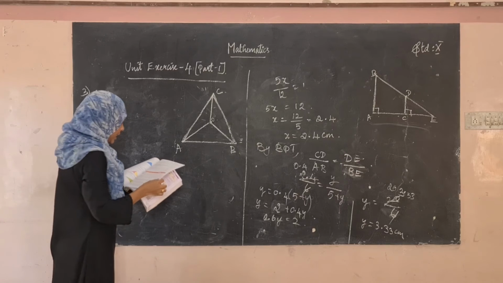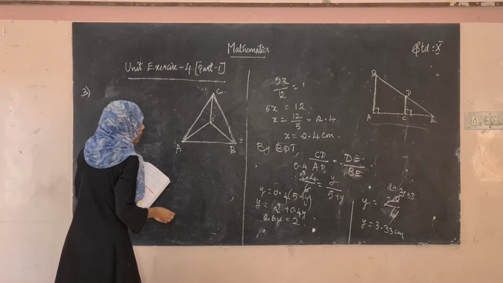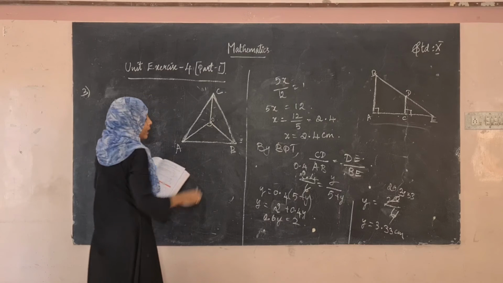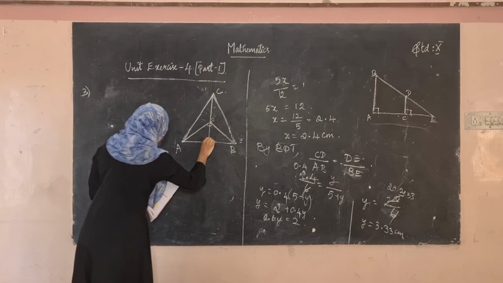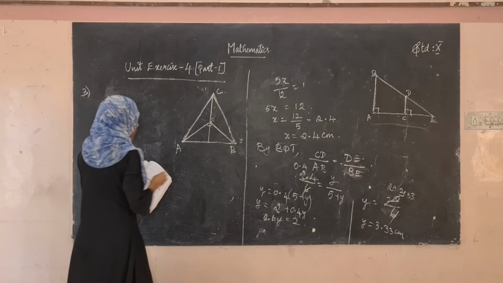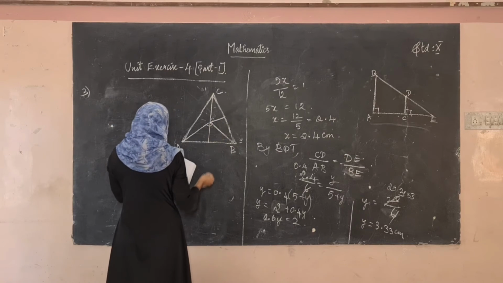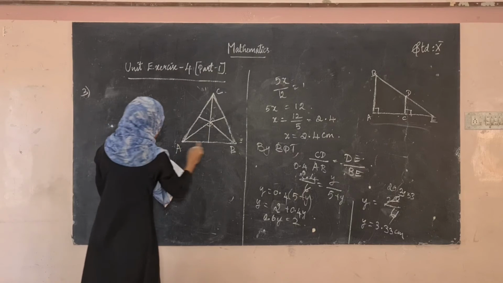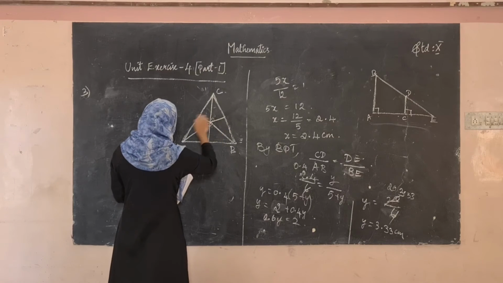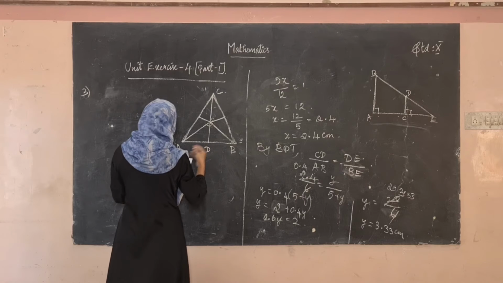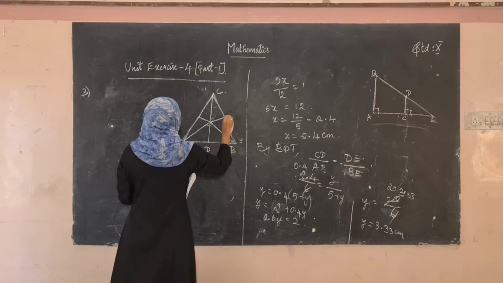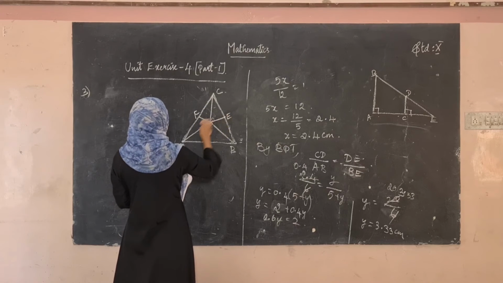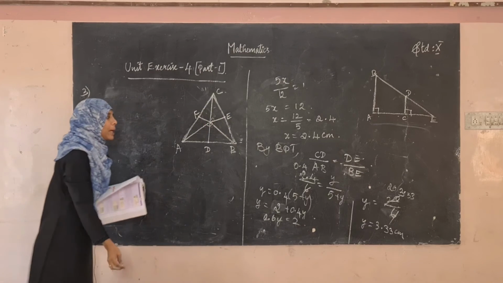So see here, the bisector of AOB. AOB means the angle bisector of O, right? So the bisector of AOB, the bisector of BOC and the bisector of COA meet the sides AB, BC and CA at D, E and F. This point is D, this point is E and this point is F. They are given as bisectors.